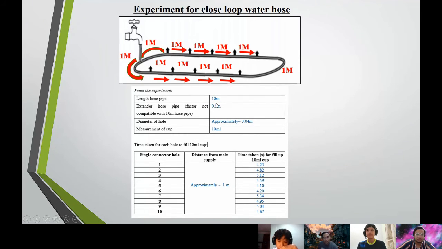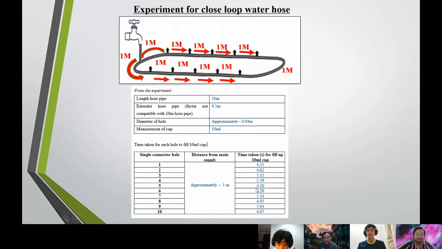The diameter of the hole is approximately the same as the first one, 0.04 meter, and the measurement cup is also constant with the first fertigation, 10 millimeter. The distance from the main supply is approximately 1 meter from each single connector hole.